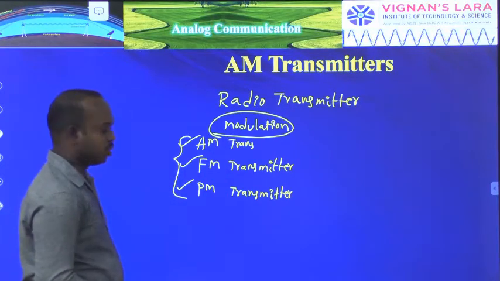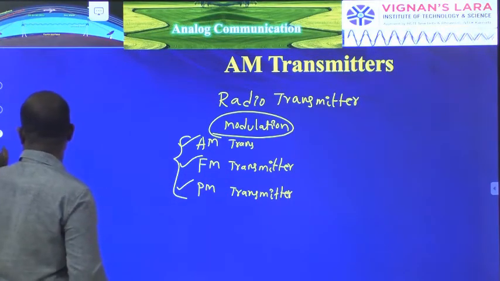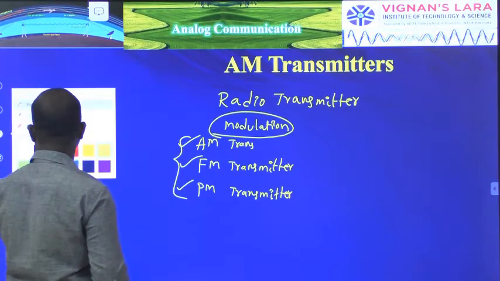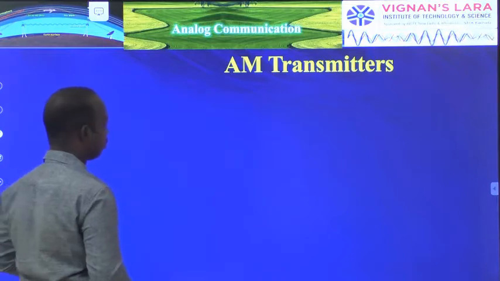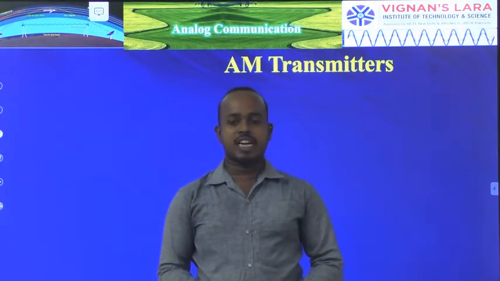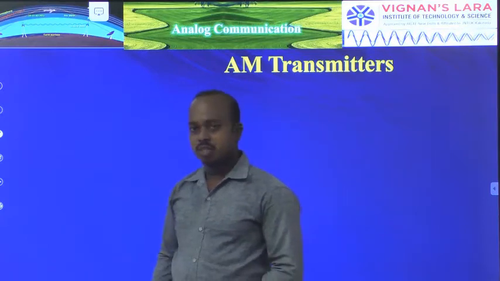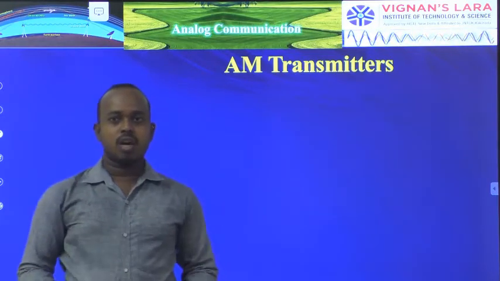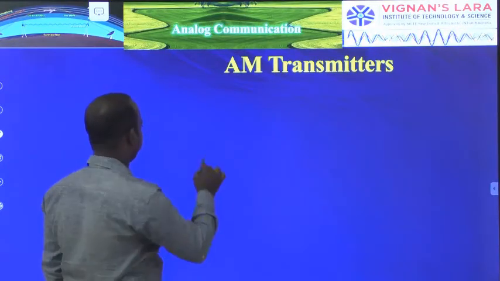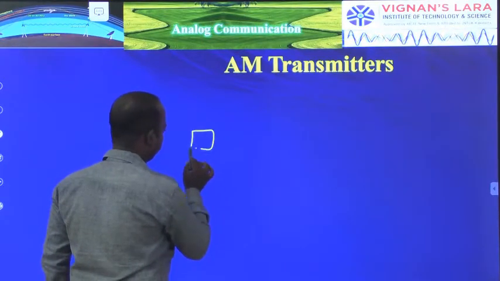For the AM transmitter, first of all you can see what structure it has. This unit's discussion is completely about transmitters. What is a transmitter and what is a receiver? Coming to the communication system, we have a source.